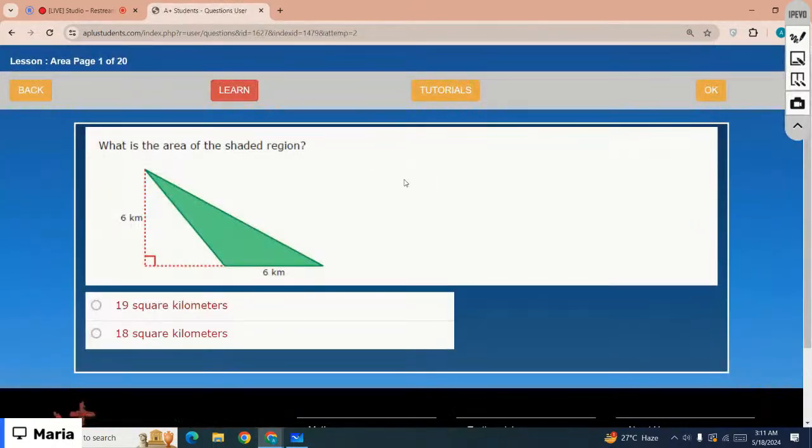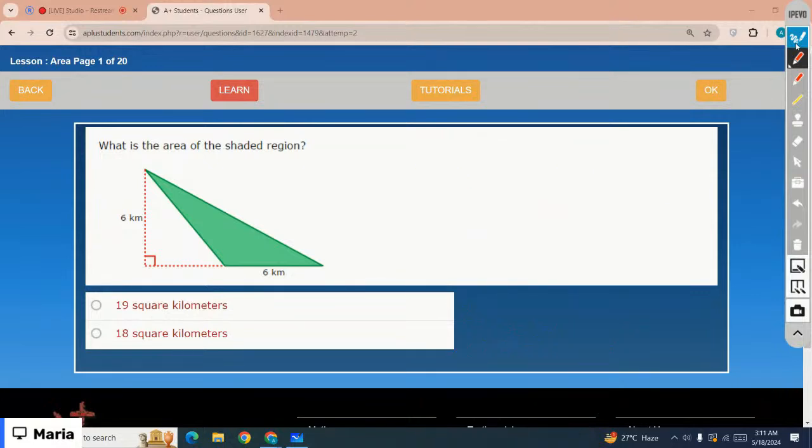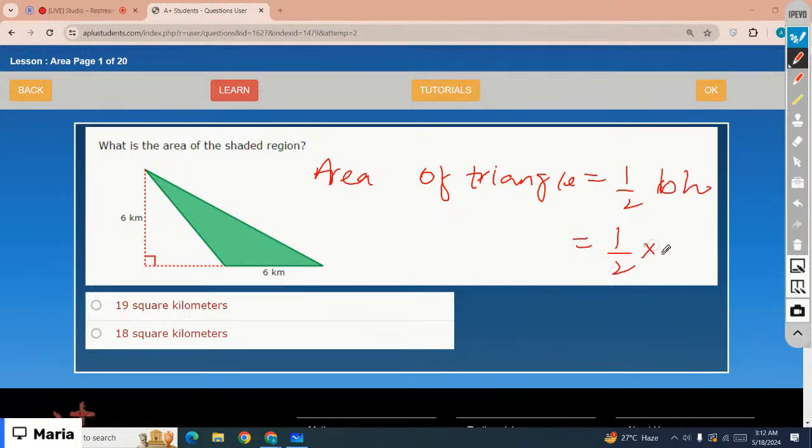What is the area of the shaded region? The shaded region is a triangle, right? That means you need to calculate the area of the triangle. So the area of a triangle equals half times base times height, right? So the base is 6, and the height is, this is the base and this is the height. So that is half times 36, and that equals 18 square kilometers.